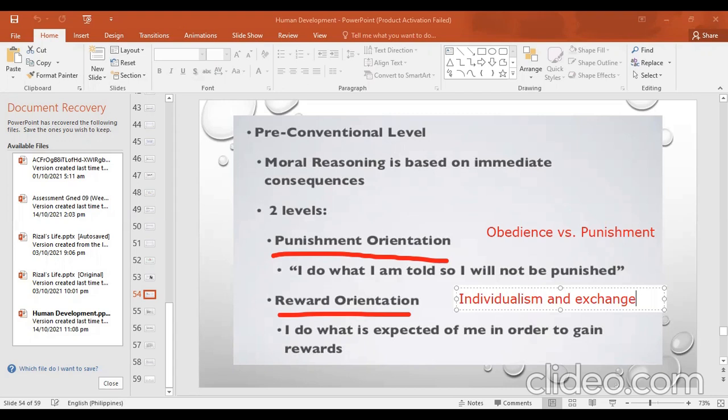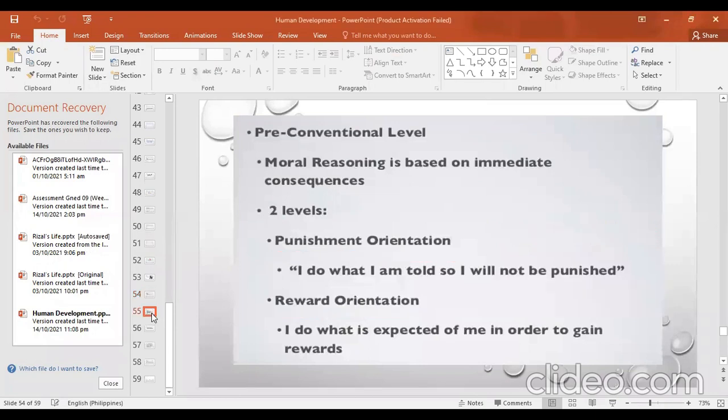Like, magbibigay ako sa iyo ng one fourth sheet of paper, pero magpapasa ka sa akin halimbawa ng answer, something like that. Okay? And aside from that, children recognize na hindi lang naman isa yung point of view, na meron tayong different individuals have different point of view also.